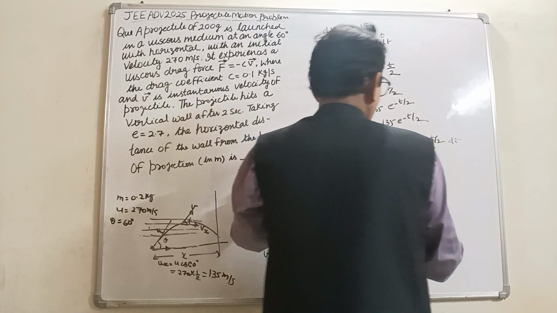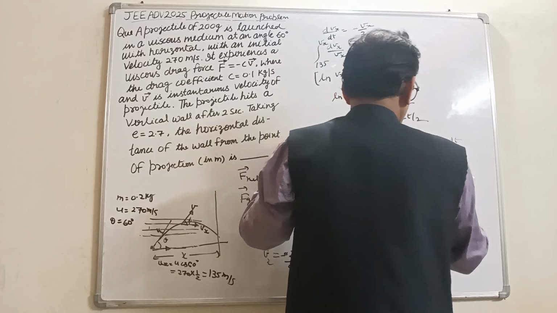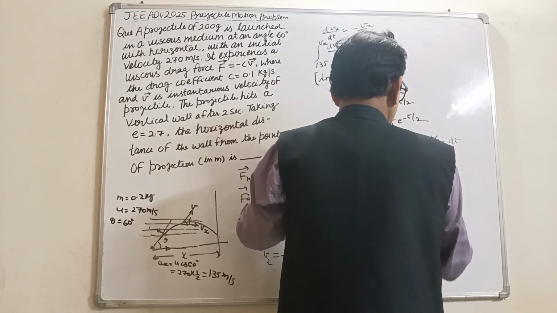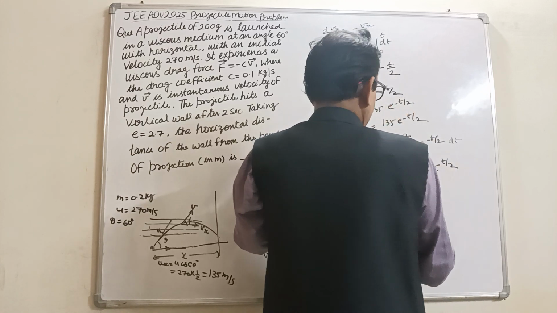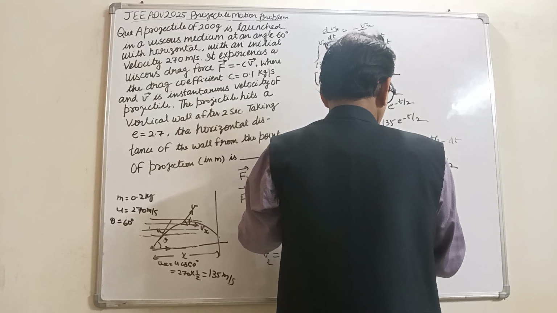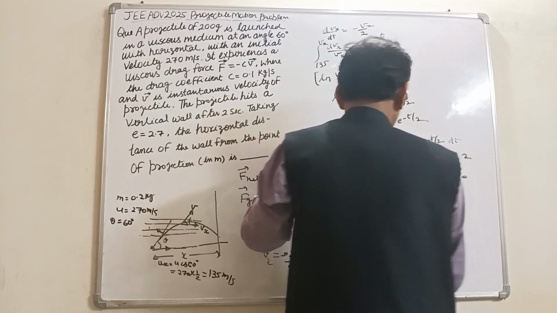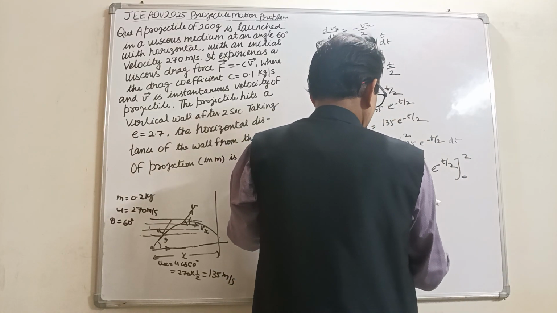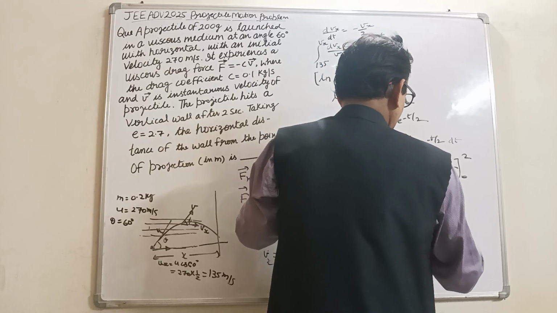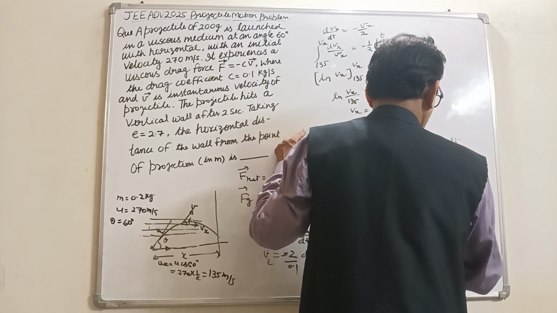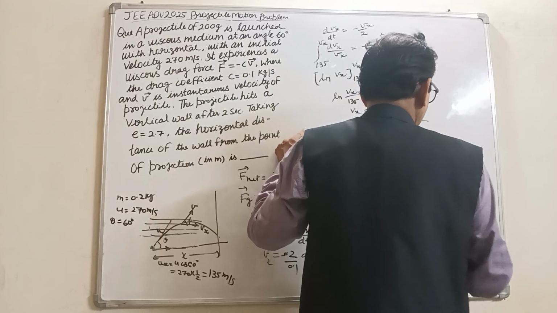So x is 135 times e raised to power minus t by 2, divided by minus 1 by 2, with limits 2 to 0. This becomes 270 times e raised to power minus 1 minus e raised to power 0, and e raised to power 0 is 1.